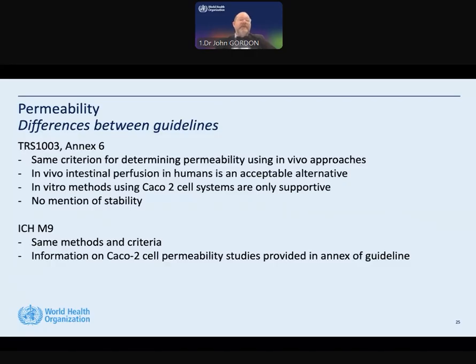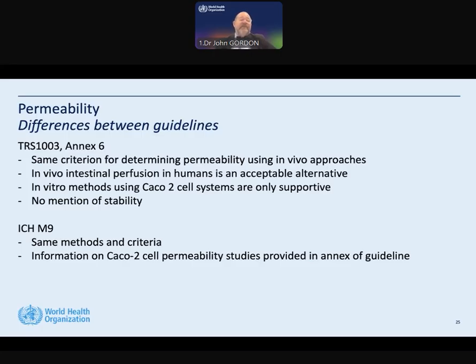Looking at the differences between guidelines with respect to permeability, looking back at the old WHO guideline, basically the same approaches for in vivo approaches are described in the old guideline. The old guideline does make also reference to in vivo intestinal perfusion in humans as an acceptable approach to assessing permeability. That's not discussed in the new guideline.